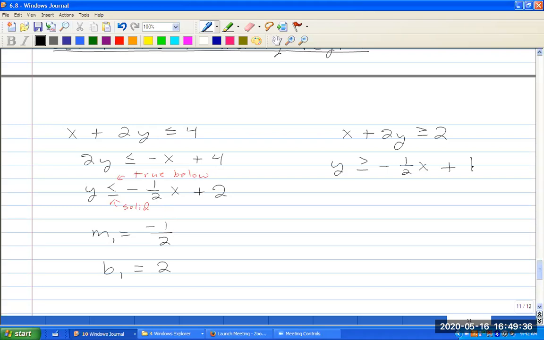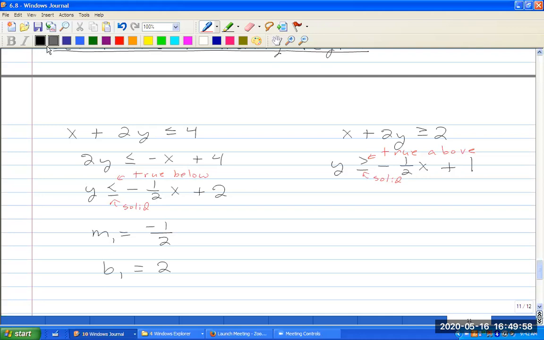And so I have that this is going to be true above, sorry, true above, of course, solid. It's going to be parallel.